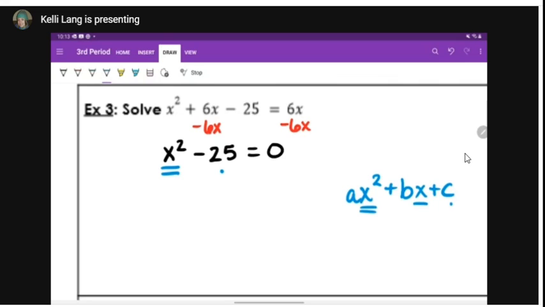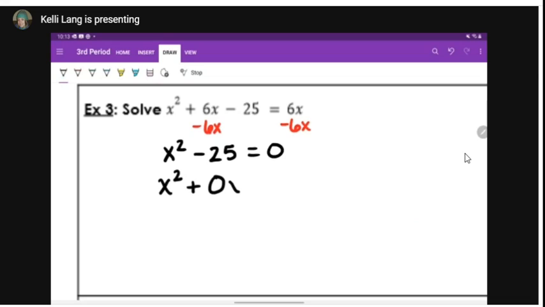We are missing the middle piece. The middle piece is what's missing. So if we wanted to put this actually in standard form, we would need to write it as x squared plus 0x minus 25 equals 0.